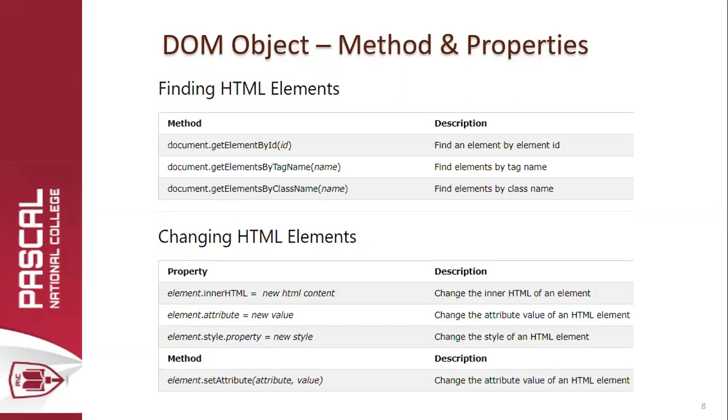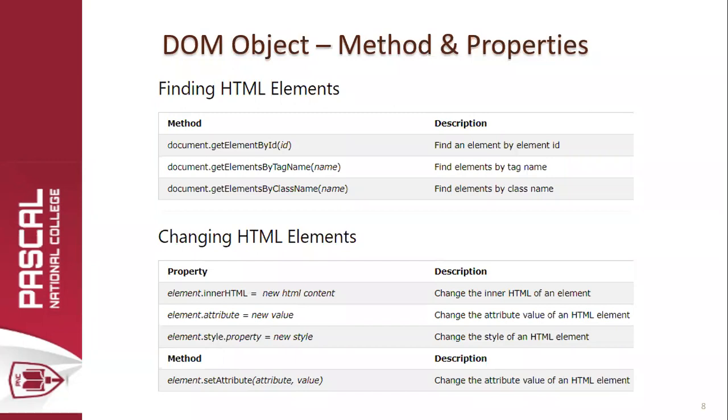So if you want to change the HTML element's value, or set some values for your HTML elements, then you can access your element, which can be either your ID or tag. For this, innerHTML is the property, and you need to set the new value for it. Similarly, element.attributeName you can also do, and for that you can also assign a new value.